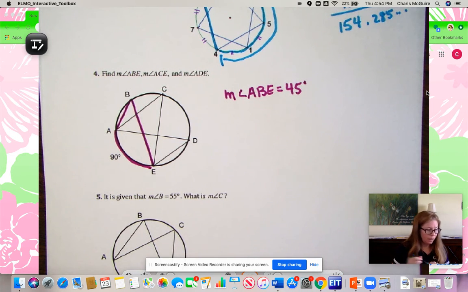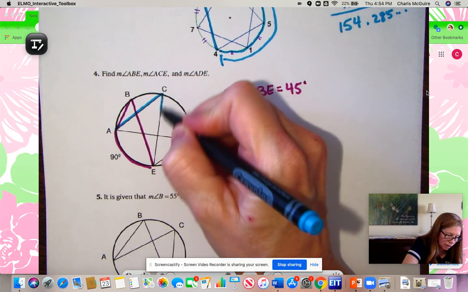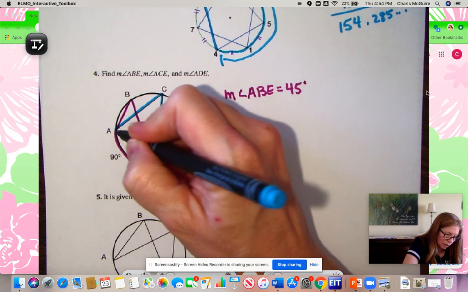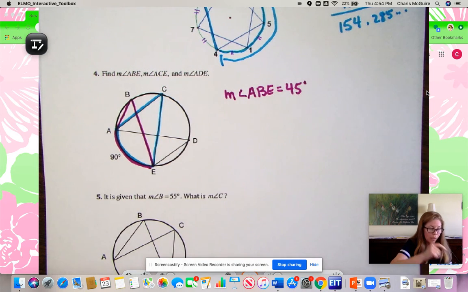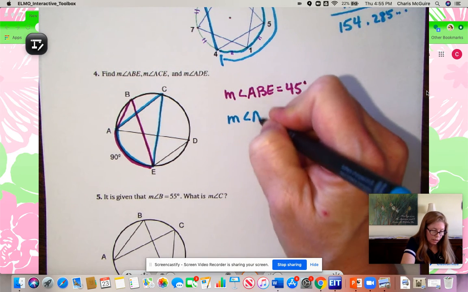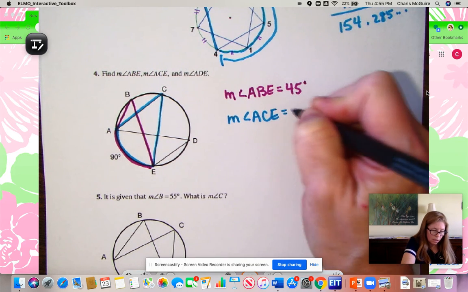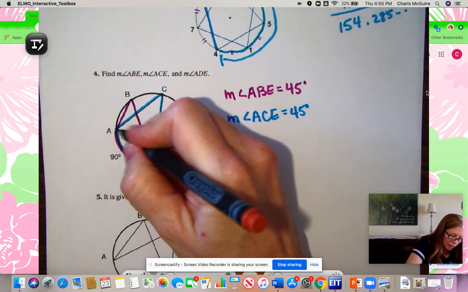And then they ask us for angle ACE. Look at this, my friends. It intercepts the same arc. So guess how big that is? Well, it's still half of the 90. So it's also 45 degrees. And finally, they ask us to find the measure of angle ADE.